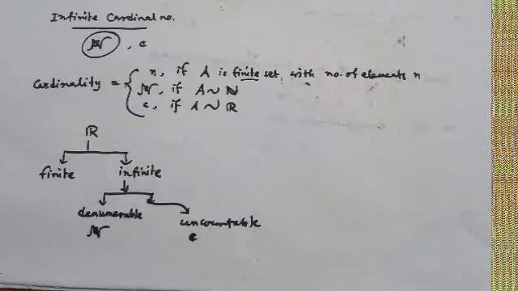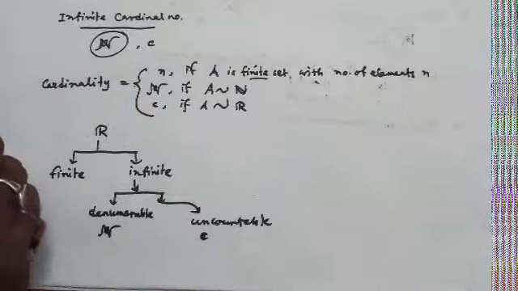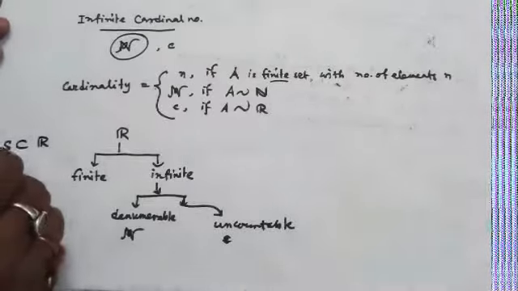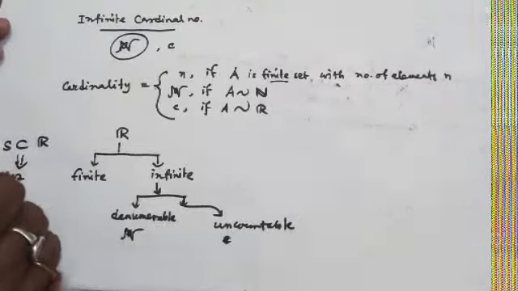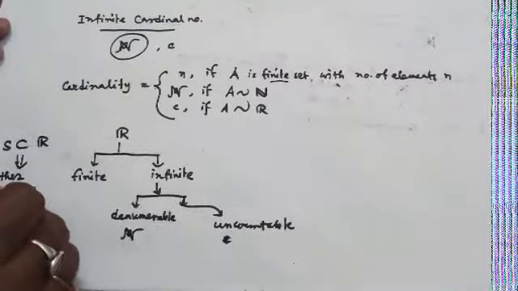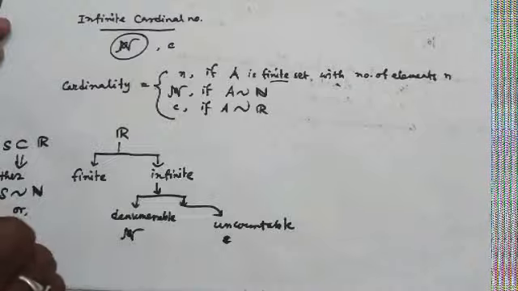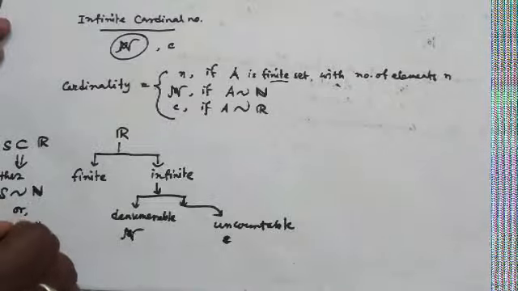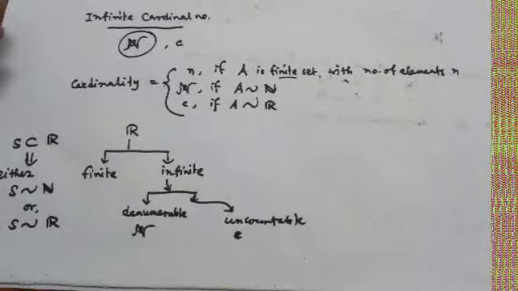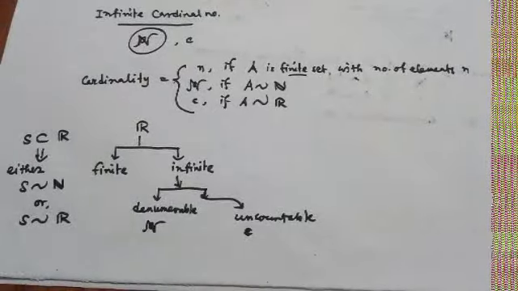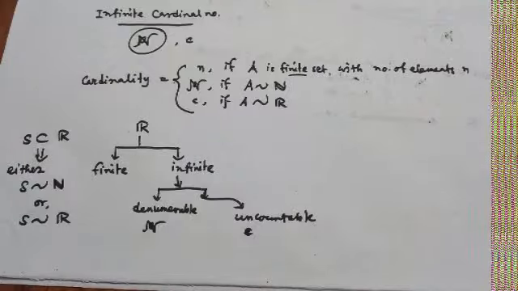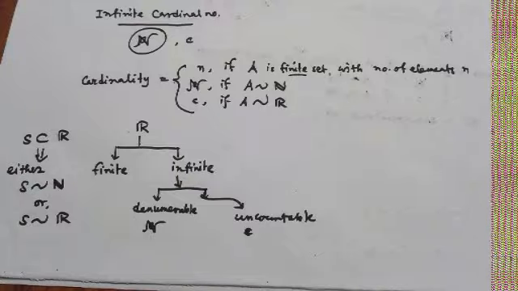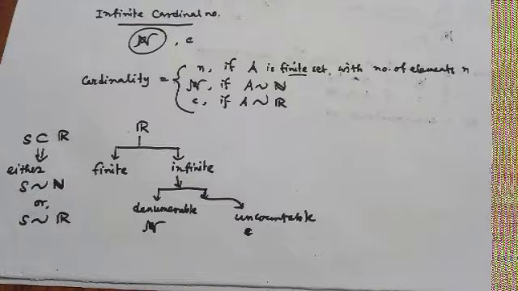That means if you have a set, suppose S is a subset of R, immediately that implies either S is equivalent with N or S is equivalent with R. If S is equivalent with N, then you have aleph naught as your cardinality, and if it is equivalent with R, then c is your cardinality, if the set is not finite.